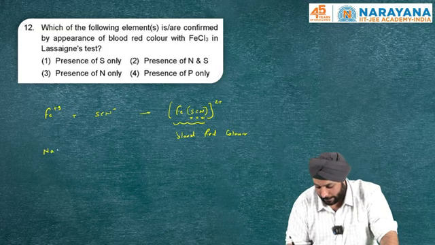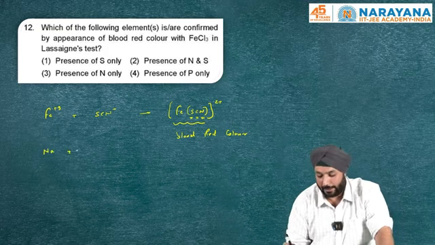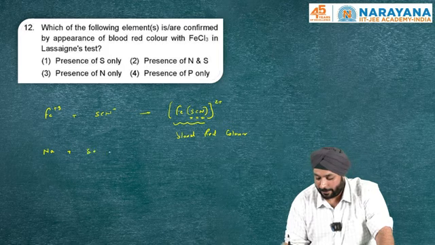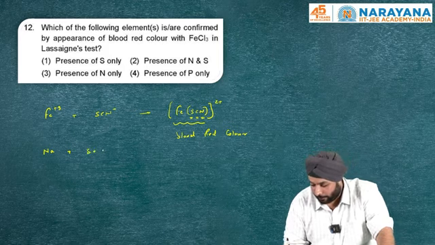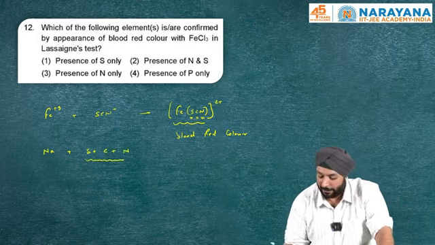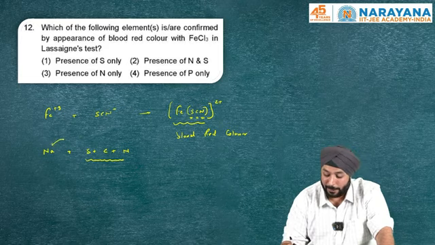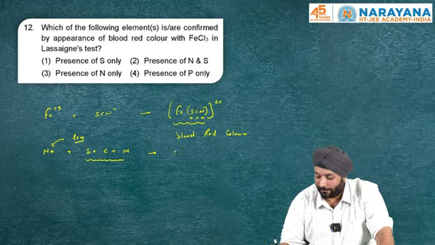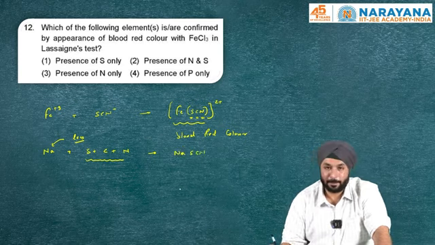Suppose an organic compound contains sulfur, carbon, and nitrogen. Sodium is fused with the organic compound, which contains all these 3 elements, and if I add sodium in a small amount, it results in the formation of NaSCN, right?